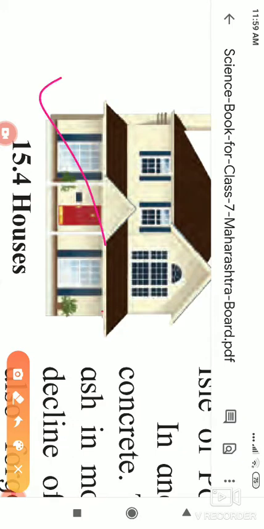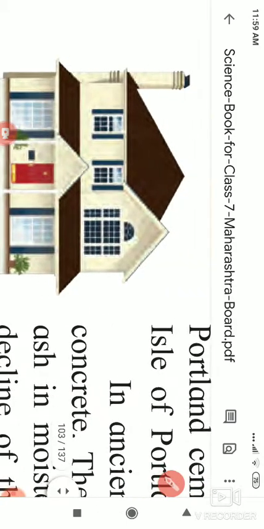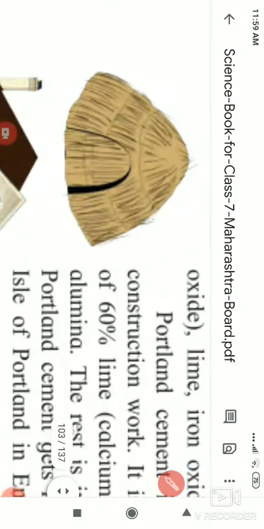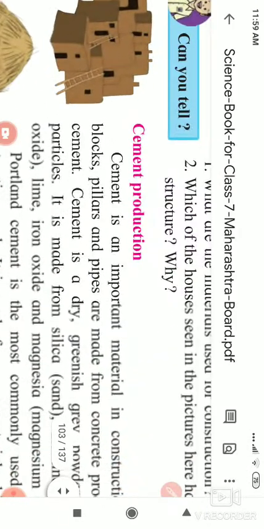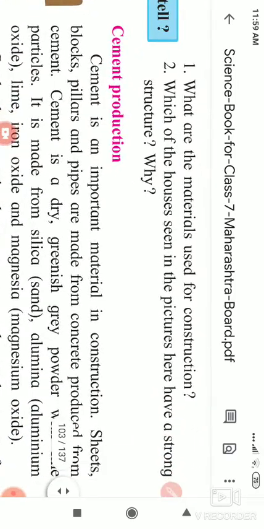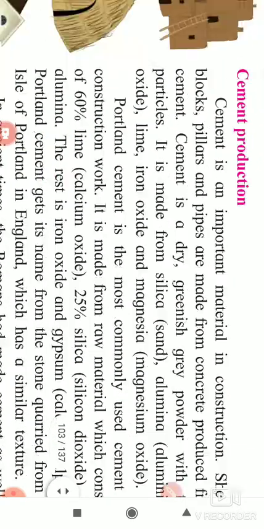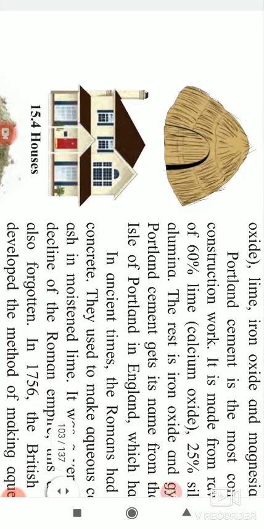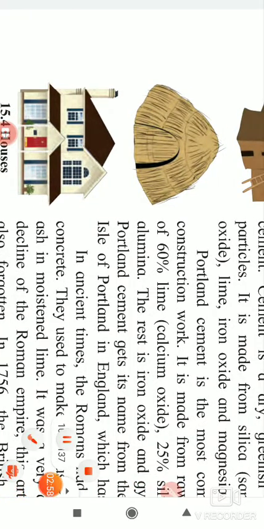Its walls and construction are done with cement, and because of this it is a very durable house. Here cement is used, and it is not a degradable material.